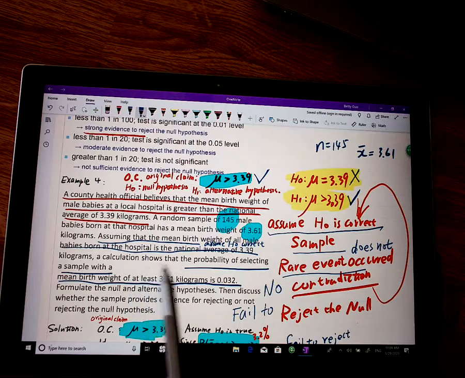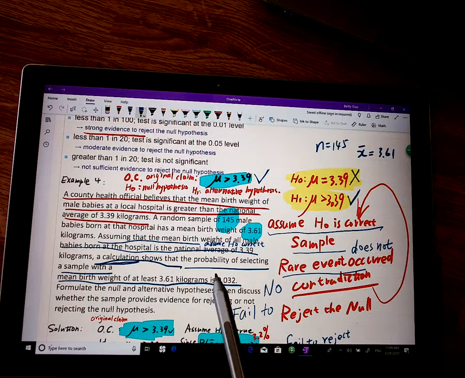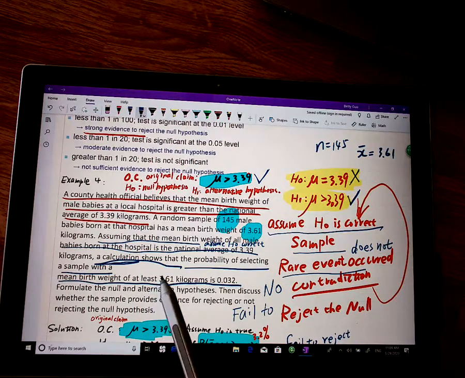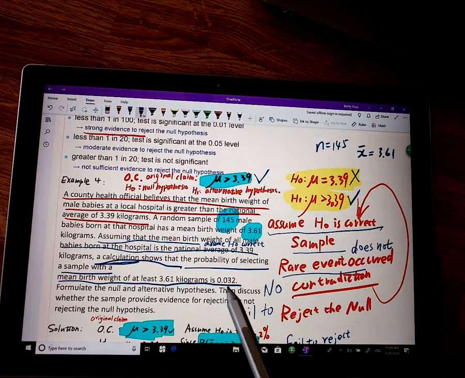Let's keep reading. A calculation shows that the probability of selecting a sample with the mean weight at least 3.61 is 0.032.